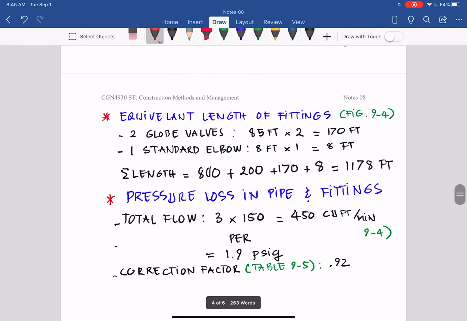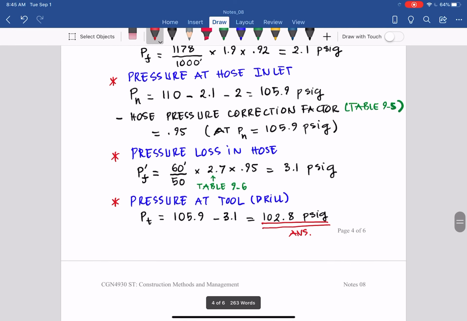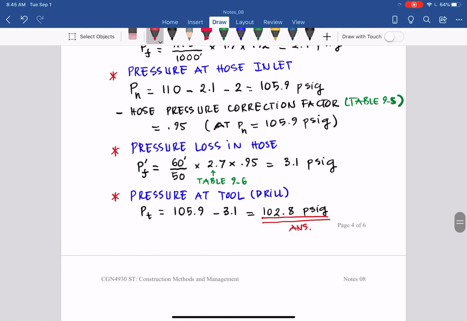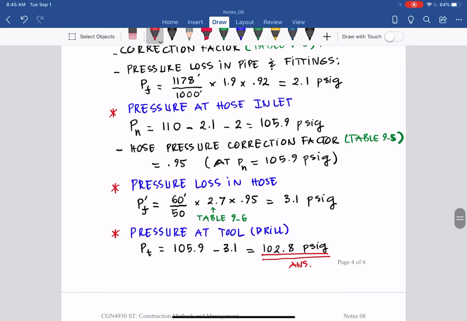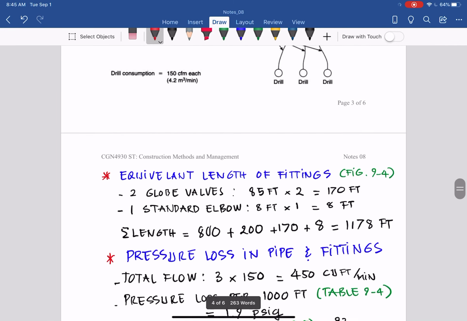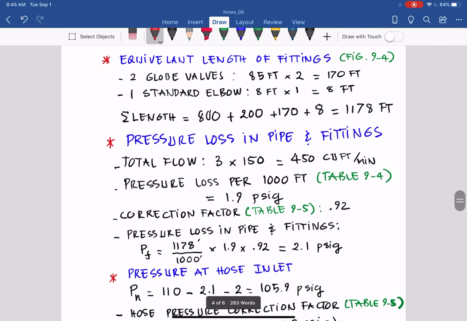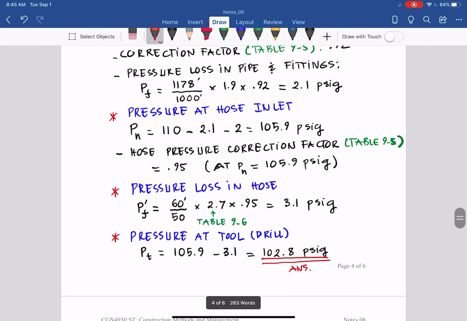The pressure become from 110 to only 102.8 psi. And from that, when you determine with the specification of drill, you can be able to see whether the pressure is enough for the working of this drill.